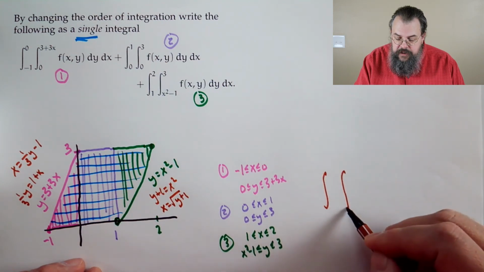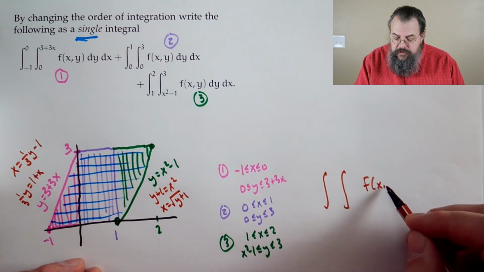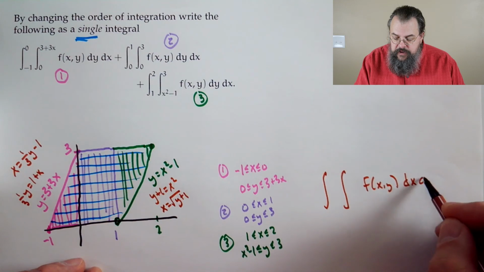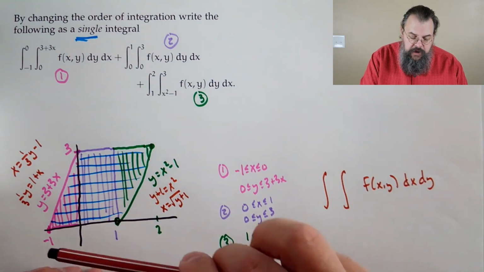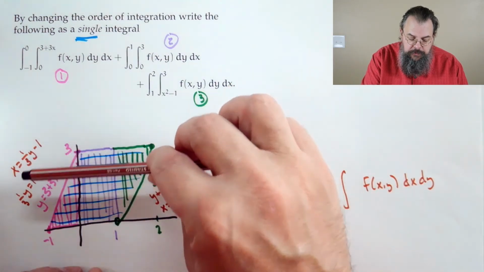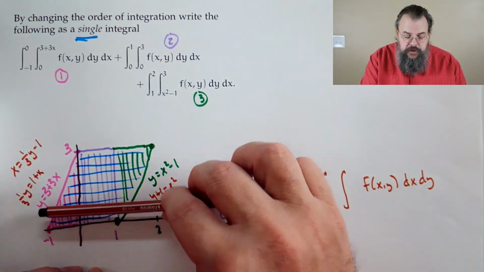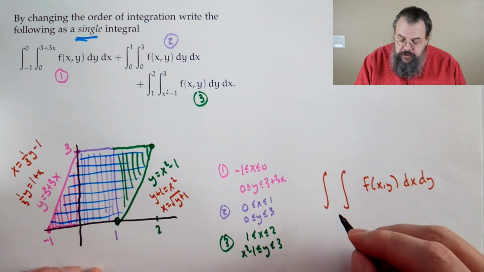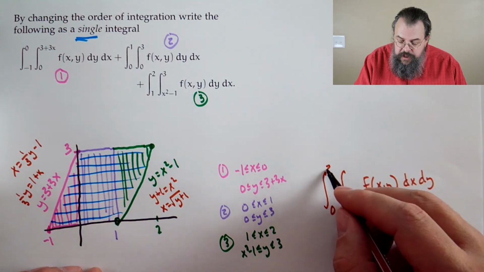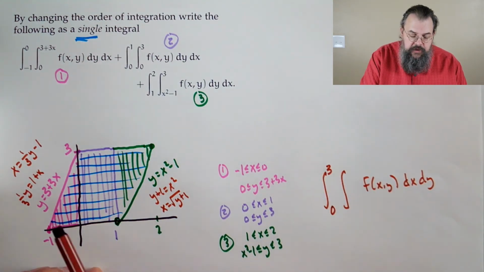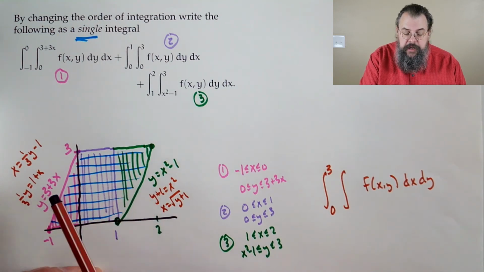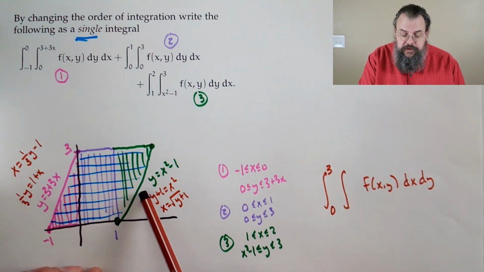Integral of f of x, y, dx dy. And we say, all right, where does y go from? Low value to high value. Low value, 0. High value, 3. So 0 up to 3. X goes left to right, low value to high value.